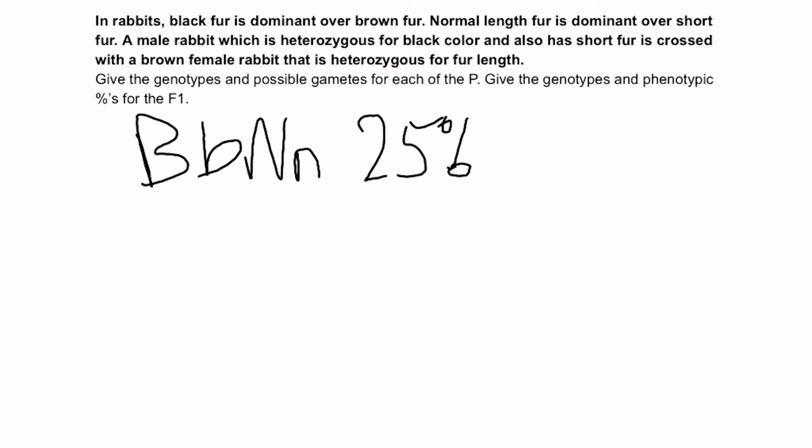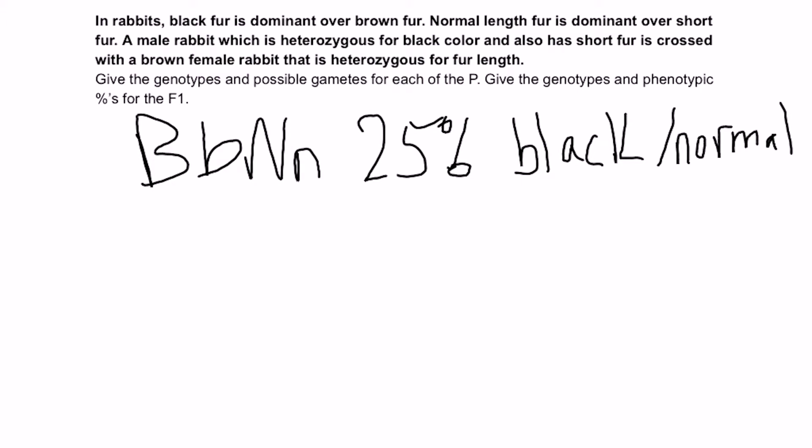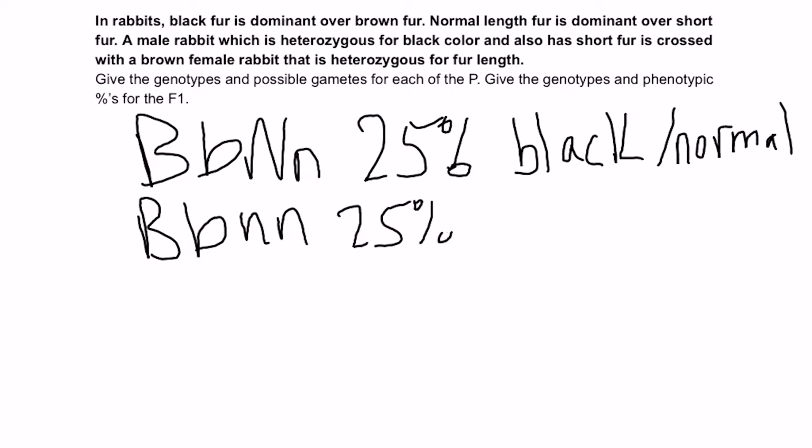And so we have a 25% chance of having big B, little b, big N, little n, which is going to be black and normal. Then we're going to have big B, little b, little n, little n, and that's a 25% chance of being black as well as short fur.